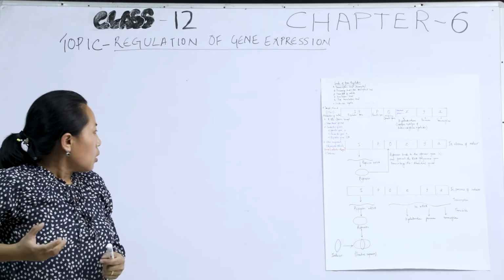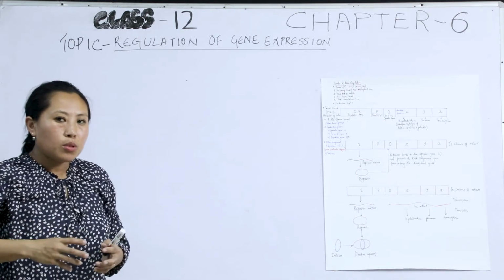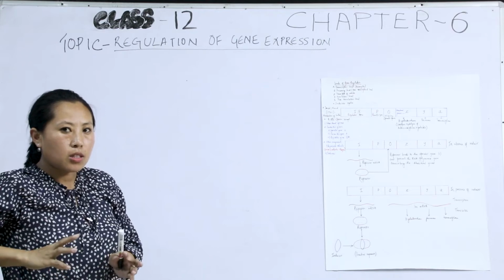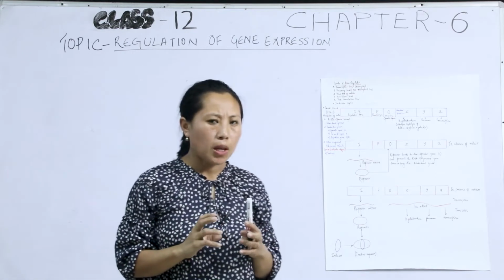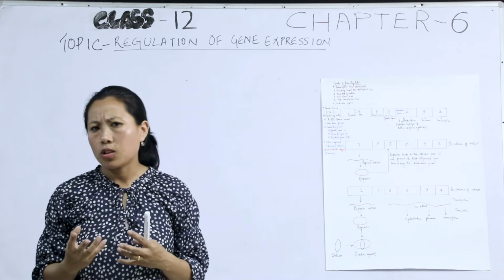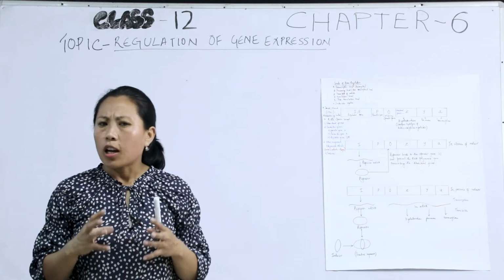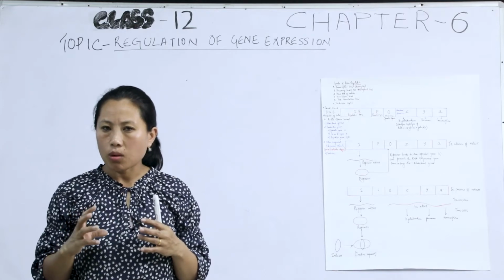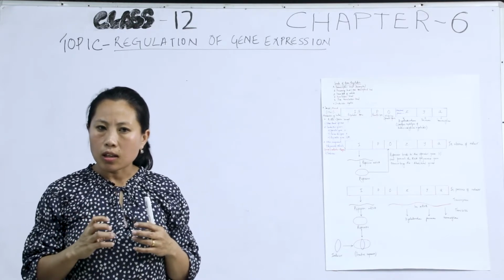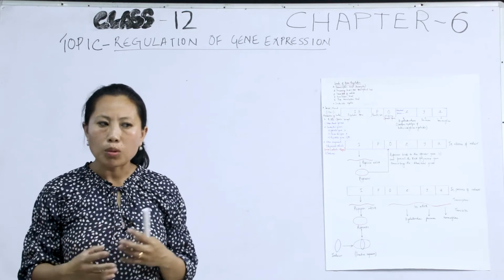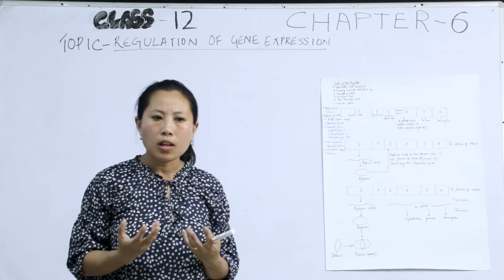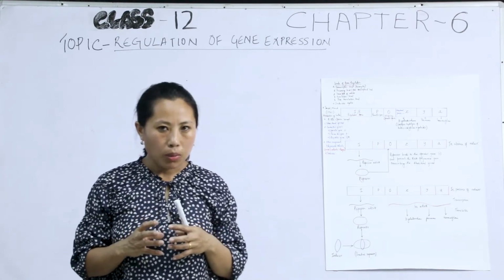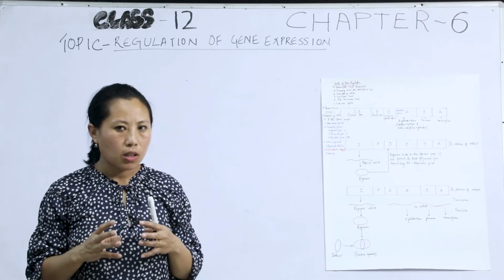According to the hypothesis of Jacob and Monod of the operon concept, any metabolic reaction taking place in prokaryotic cells is controlled in a coordinated manner by a set of genes and not a single gene.